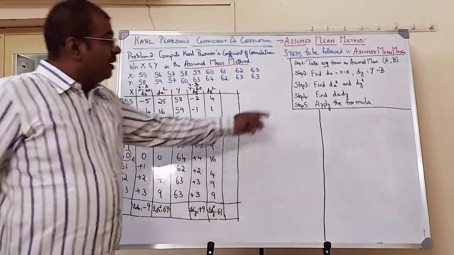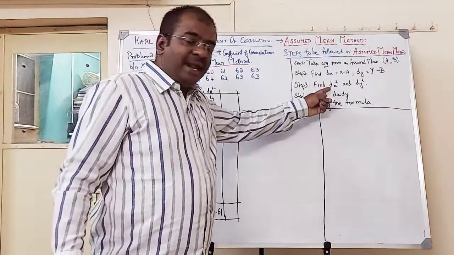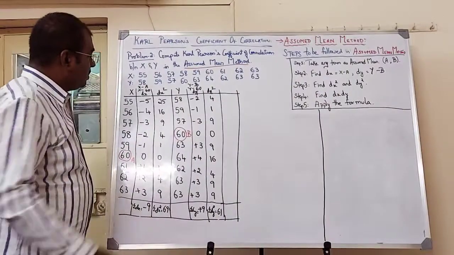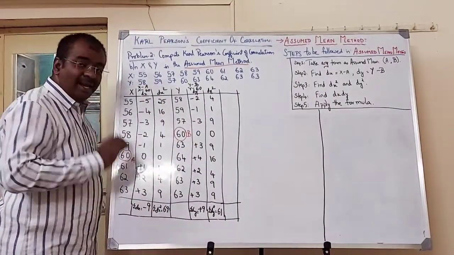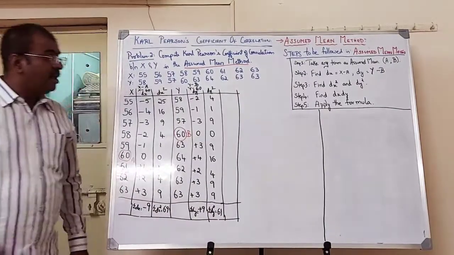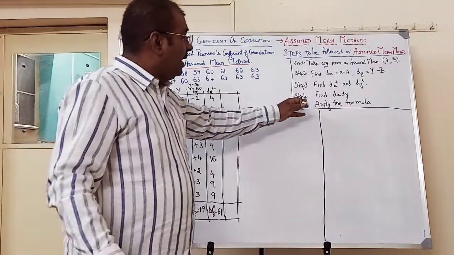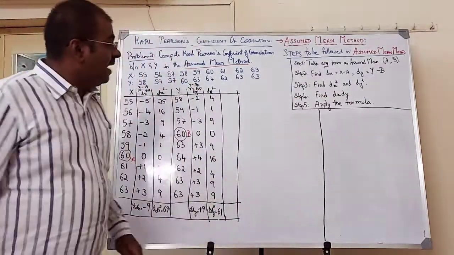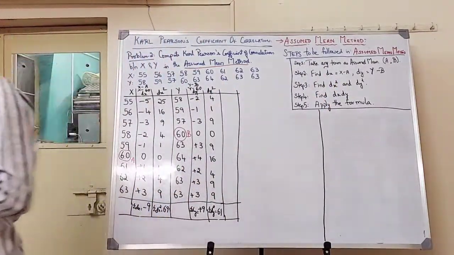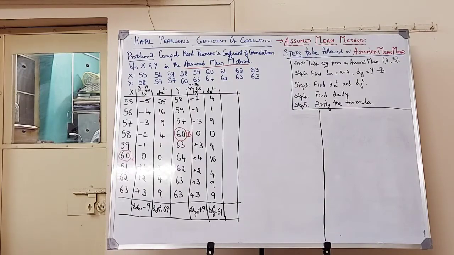So we have come to step number 3, which is finding out dx square and dy square. We have computed dx square and also dy square. Next, let us calculate step number 4, that is finding out dx dy, the product of dx into dy.